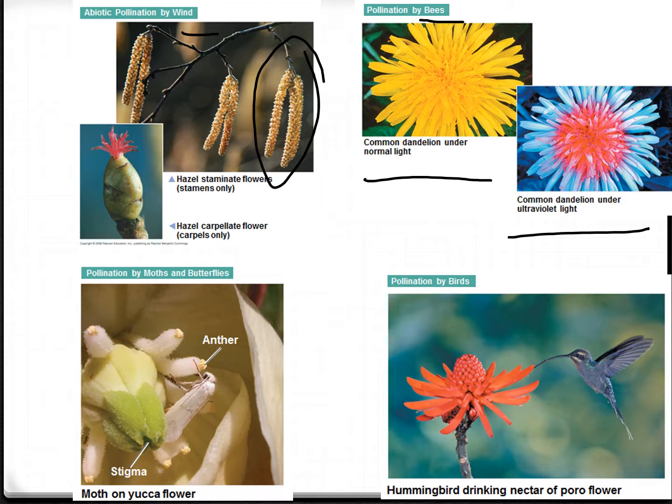So it draws the bee to this inner part, which is where the pollen is. You could also have it by moths and butterflies. They're going to land on different flowers and maybe lay some offspring in there and various other parts. And then also birds like this hummingbird can also help to transfer the pollen.